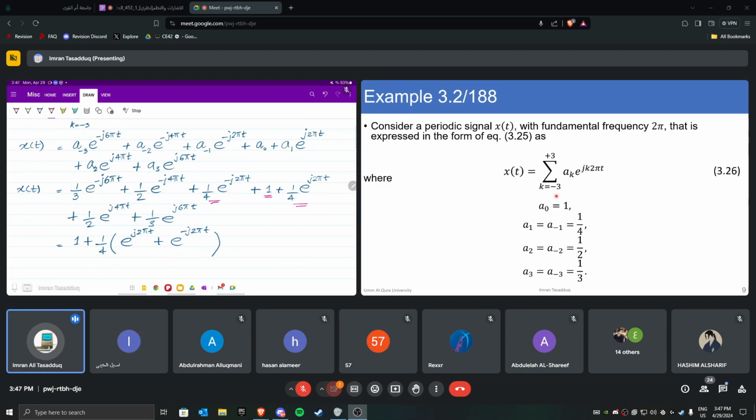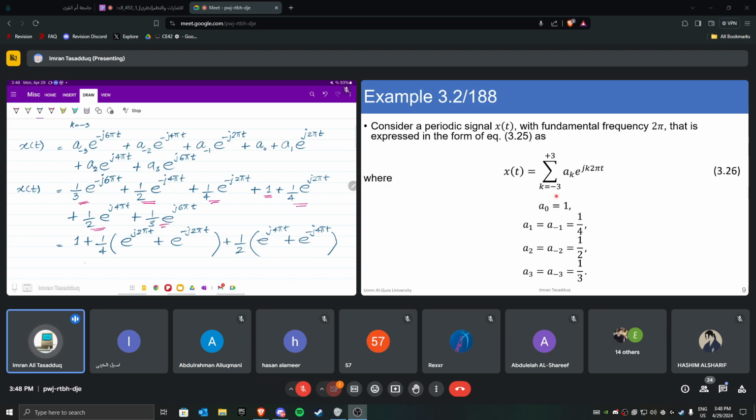Then you can see that the other one is 1 by 2 here, and 1 by 2 here as well. So I can take 1 by 2 common, and inside it will be e to the power j 4 pi t plus e to the power minus j 4 pi t, right? Now what is left is this 1 by 3 and this 1 by 3.